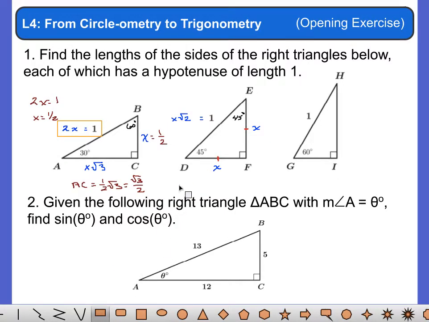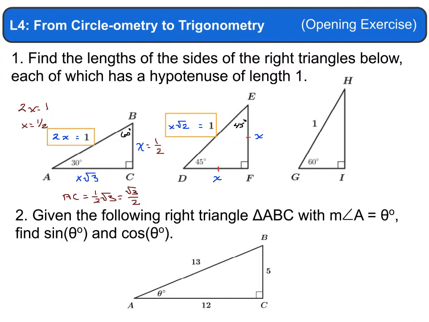And so same idea. If we're trying to solve for x, we note our one-step equation right here. And so we can go to the top where we can do some work, and we say x square roots of 2 is equal to 1. So we divide by square roots of 2. So x is equal to 1 over the square roots of 2.